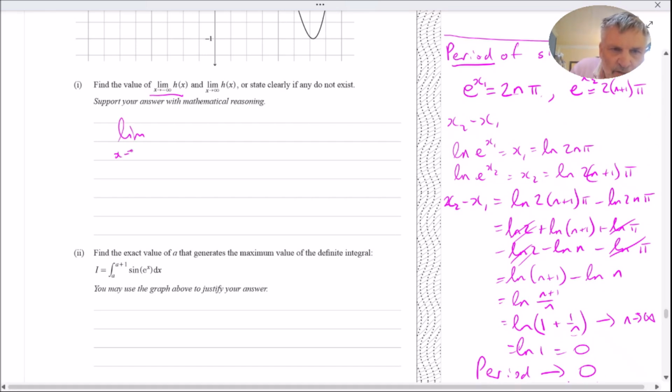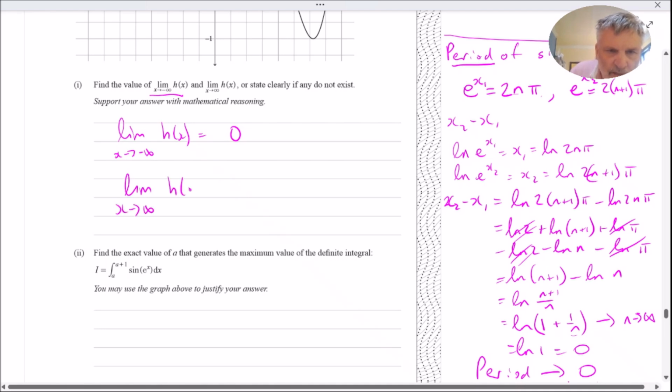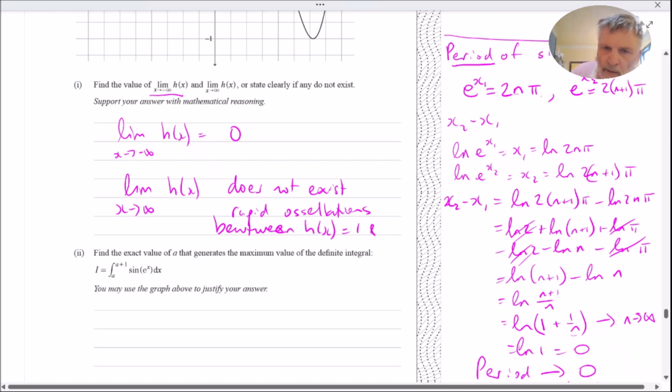The limit as x goes to -infinity of h of x equals 0, and the limit as x goes to infinity of h of x does not exist. Rapid oscillations between h of x equal to 1 and h of x equal to -1.